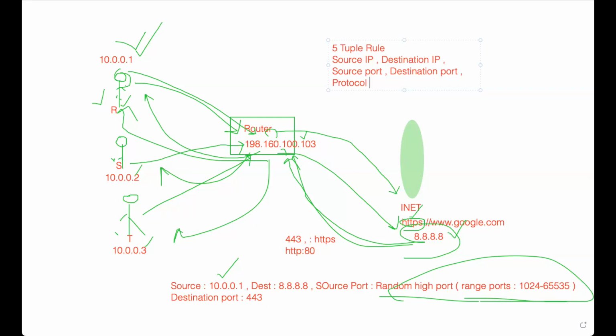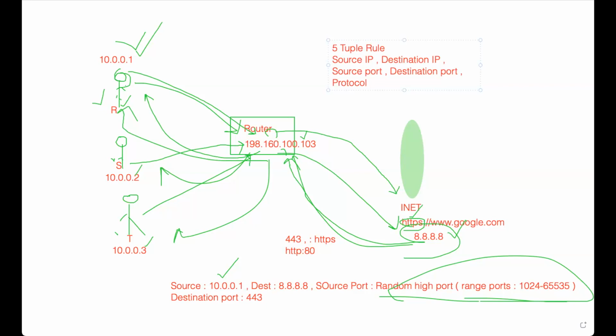Dilip, you want to try which protocol we are using in this case? No idea, so anyone in the class? HTTPS. Well, HTTPS is an application. The protocols are like either TCP or UDP. Which protocol?